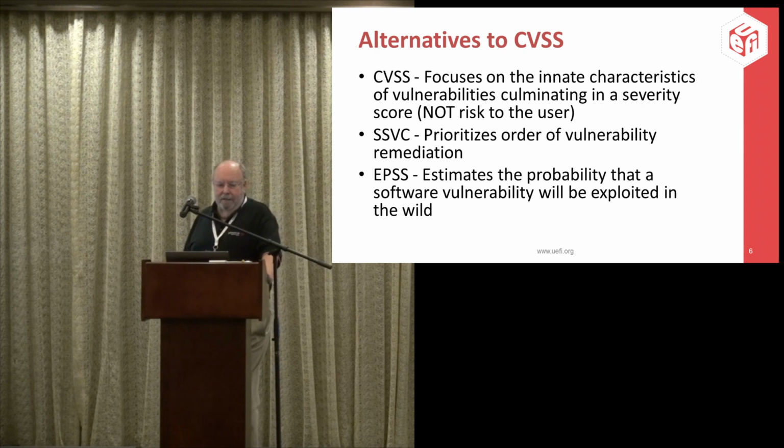And there is this thing called SSVC. Not a lot of publicity lately, but it's another scoring tool, and it tries to calculate how important it is to remediate this. If I'm an IT department and I've got 900 vulnerabilities in my environment, a whole bunch of systems to remediate, which one do I do first?